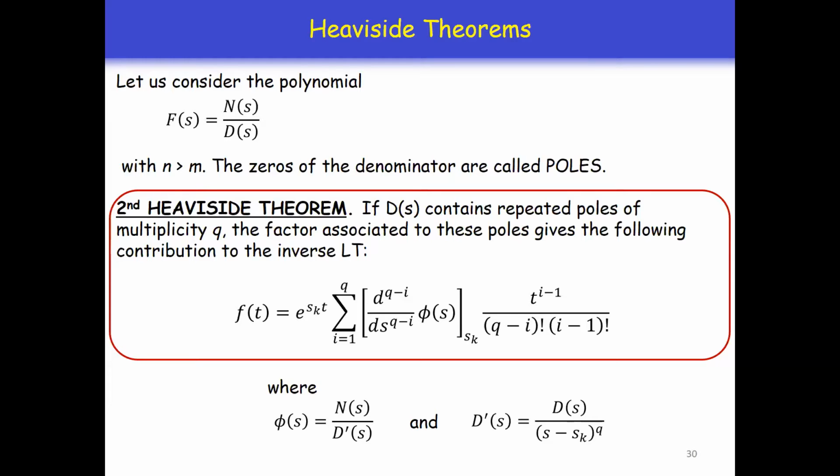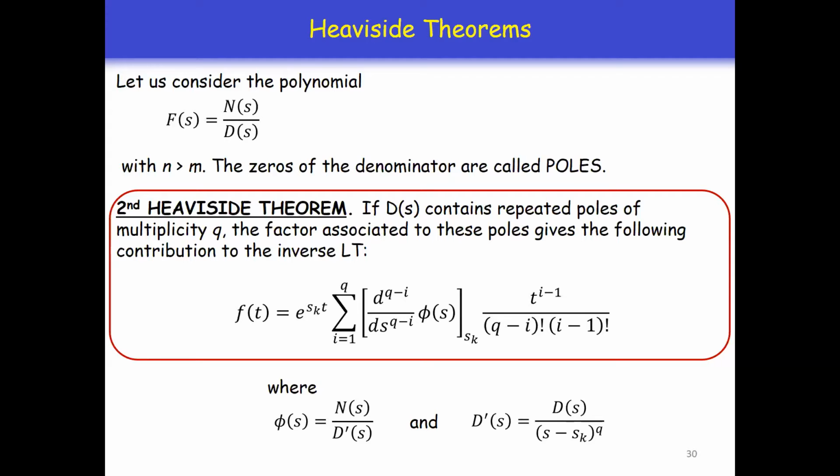The zeros of the denominator obviously are called poles. Please keep this name in mind. So let's consider now scenario number 2, described by the second Heaviside theorem.